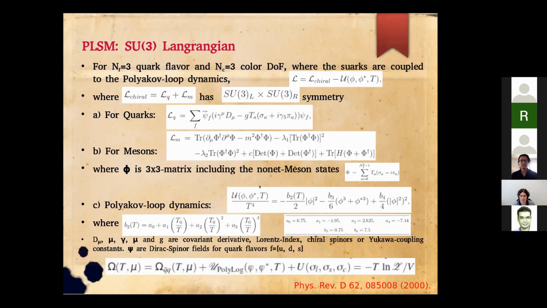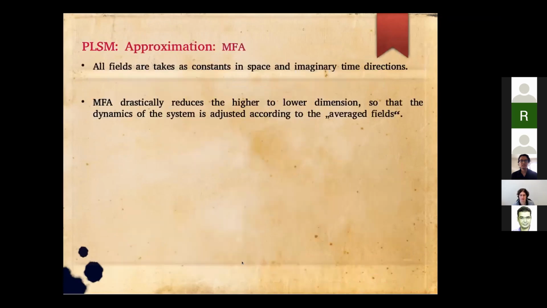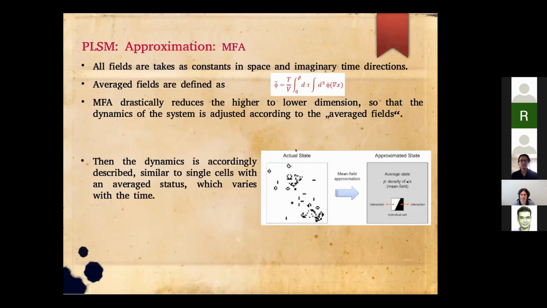When you have done this, then you can write down the potential of this model. Accordingly, we can use different approximations to deal with this model. I'm going to skip the mean field approximation, which is a very trivial one.